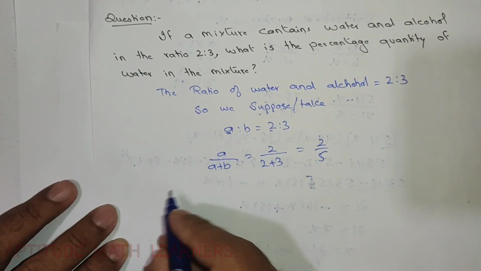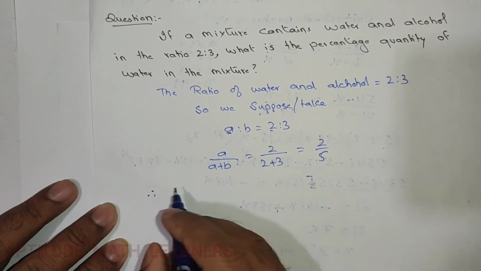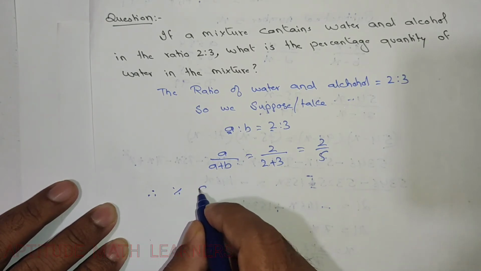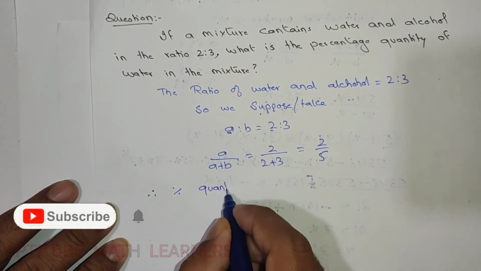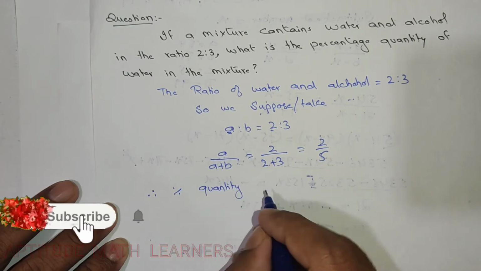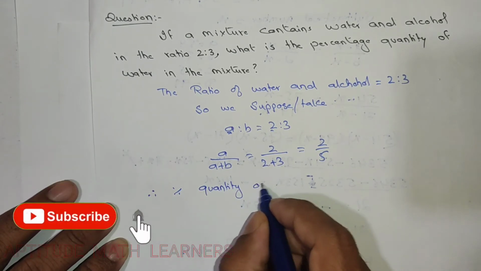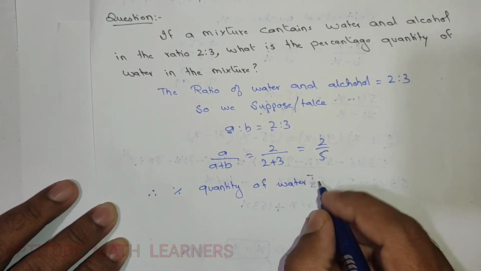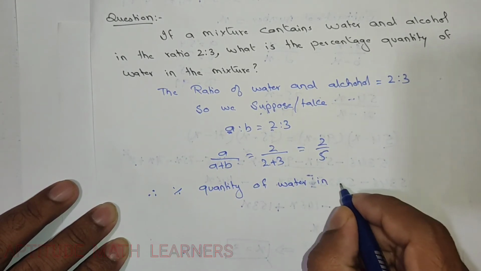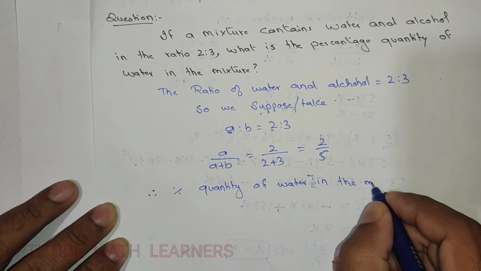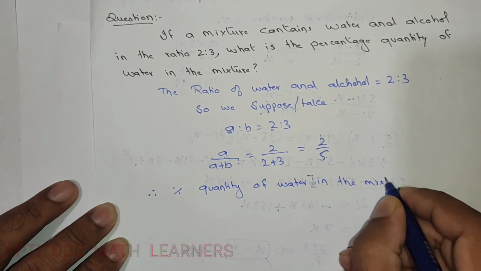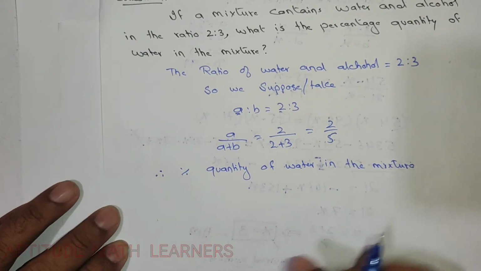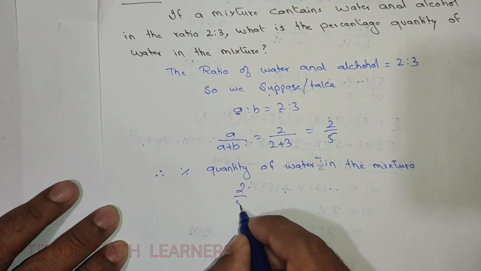So now, therefore, the percentage quantity of water in the mixture is 2 upon 5.